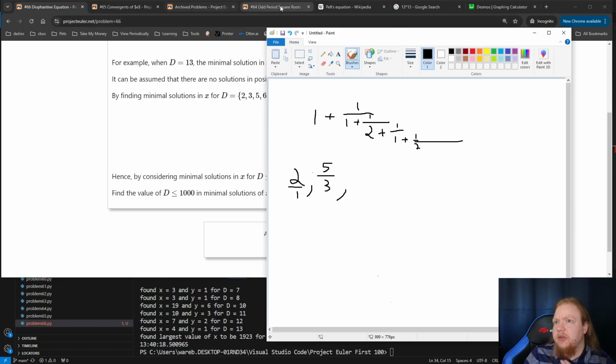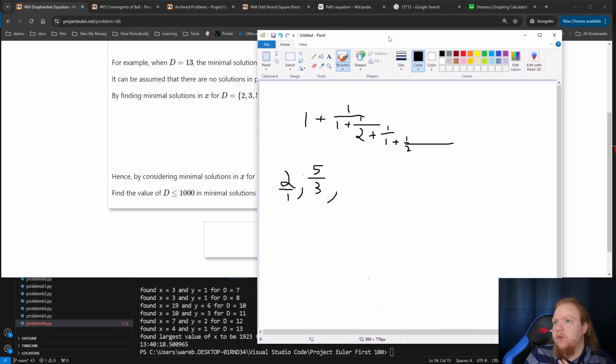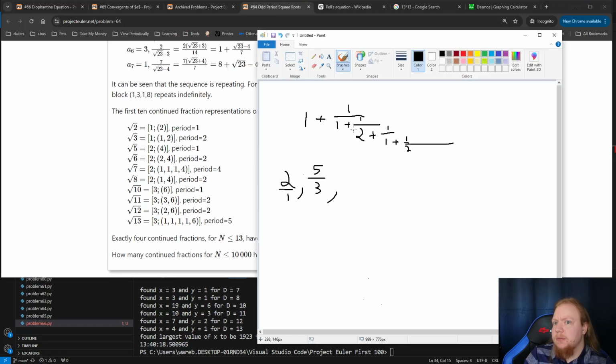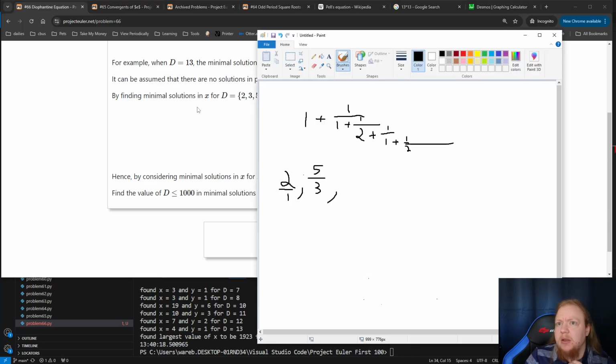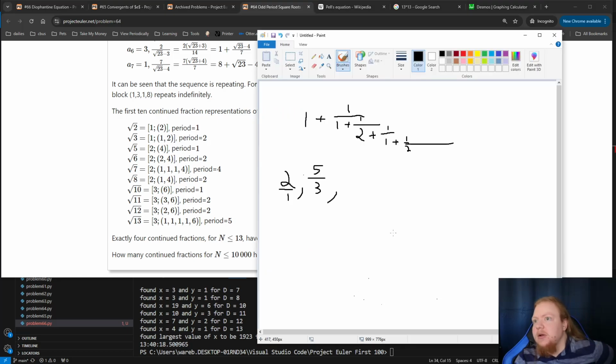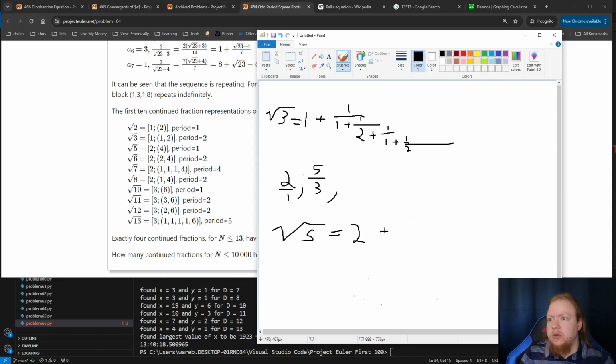Or actually, let's change up to square root of 5, which is a little bit easier because it's 2 and then 4. What about the square root of 7? That might be a little bit more challenging. So, well, let's just draw out square root of 5. Square root of 5 equals 2 plus 1 over 4 plus 1 over 4.